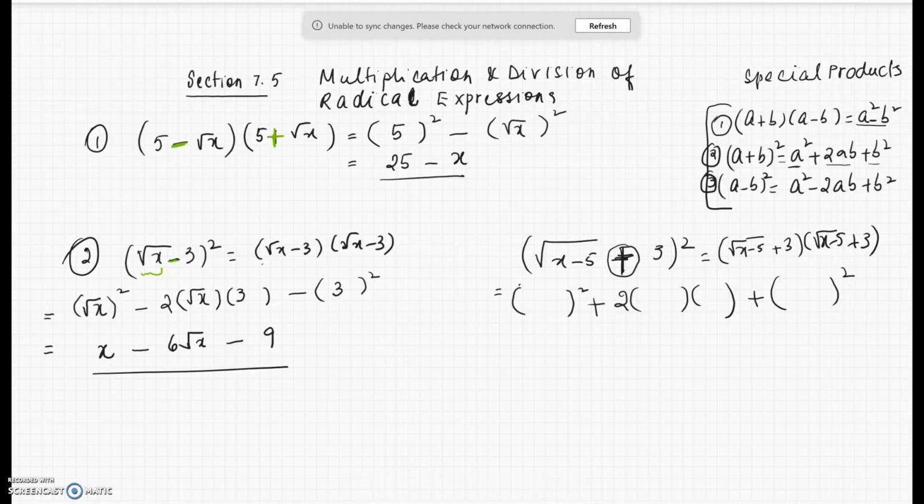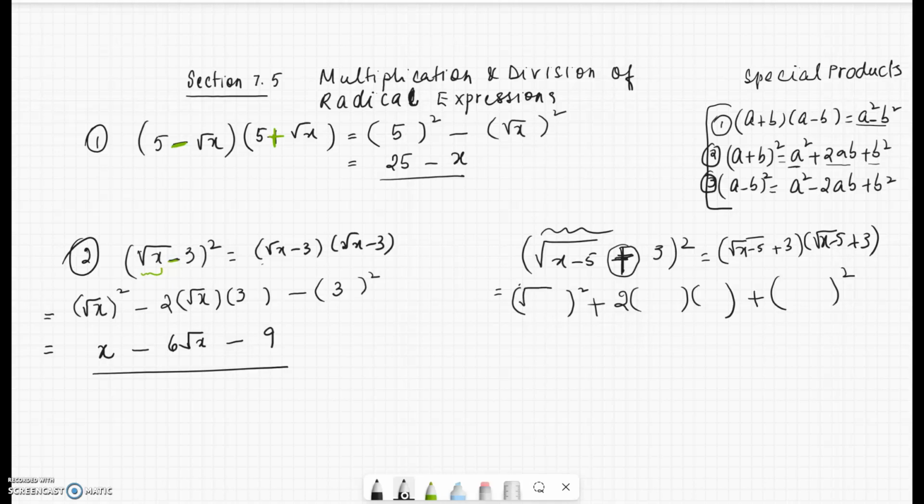So this is my first term, and it's going to be radical x minus 5 the whole squared, plus 2 times radical x minus 5 times 5, and then 5 squared.